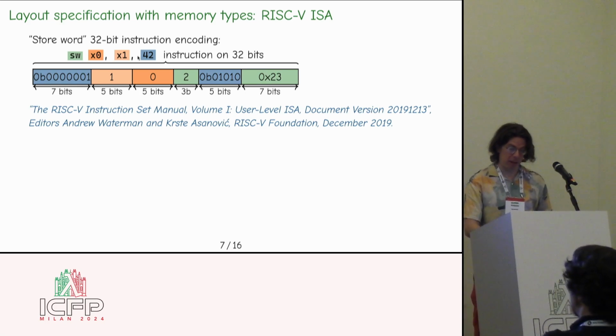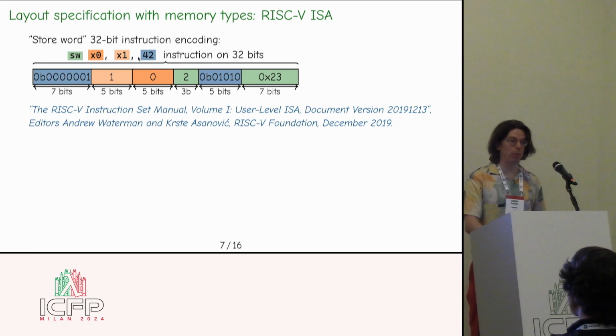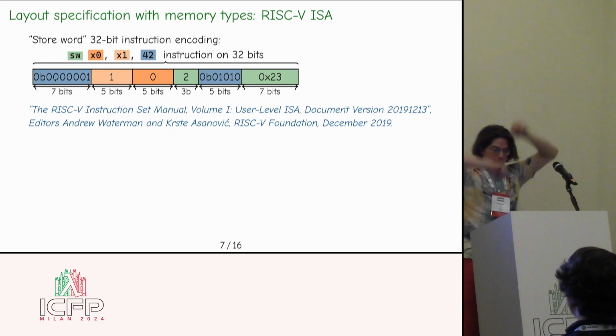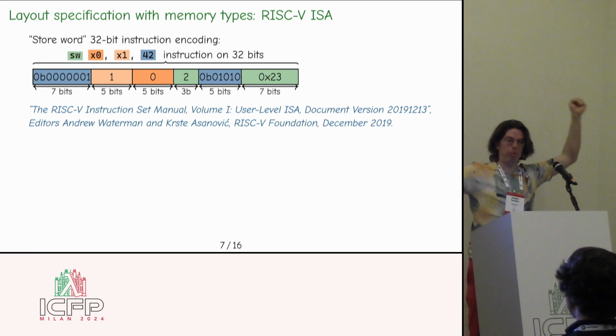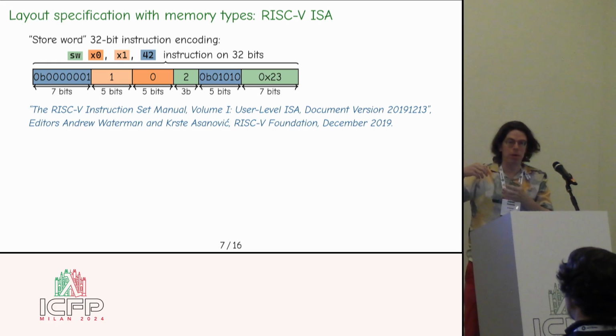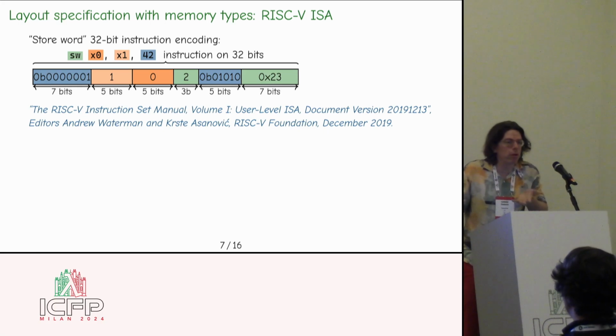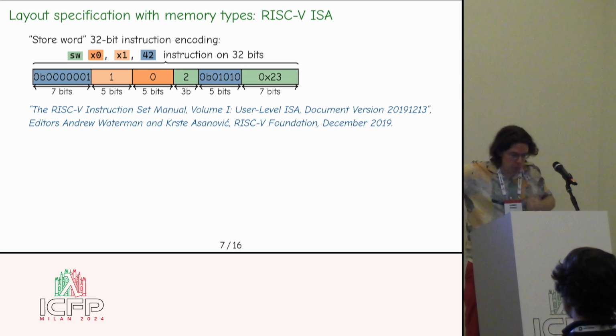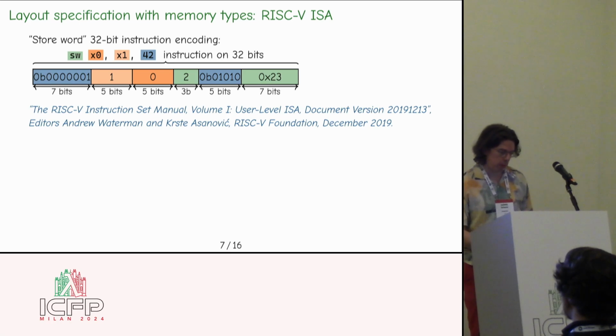And the offset is also split into 2 parts. 5 bits at the beginning and 5 bits at the end. So you've seen this representation is a bit weird. We've split various places, and our constructor, the store word, is also split into 2 pieces, and so on and so forth.